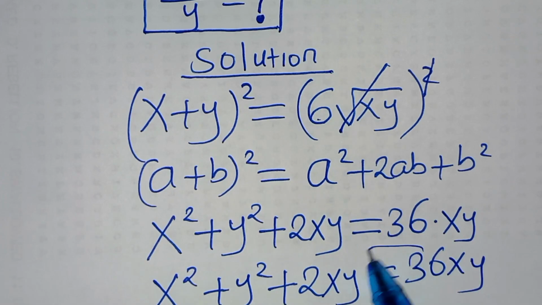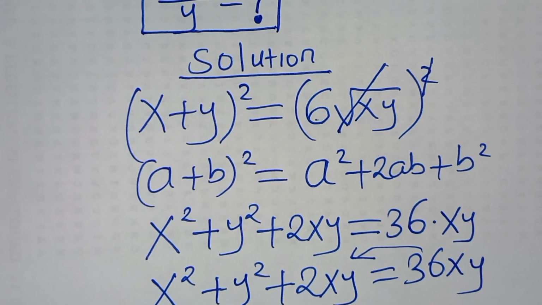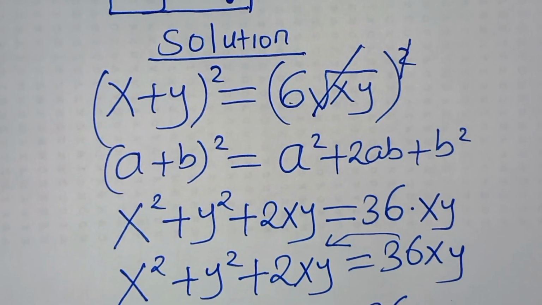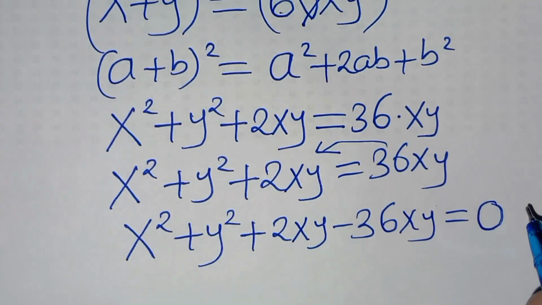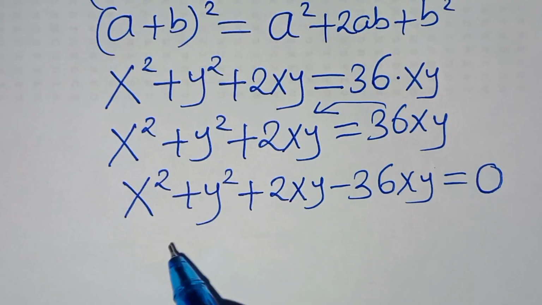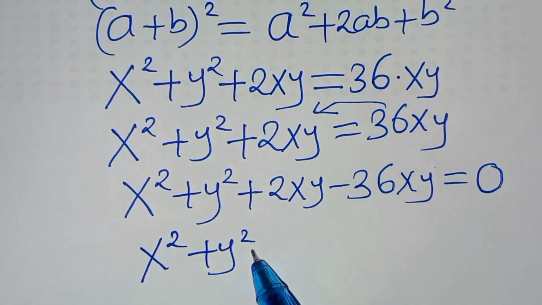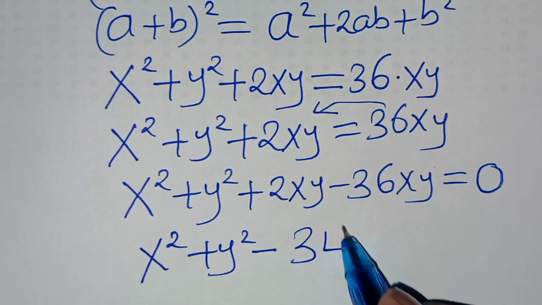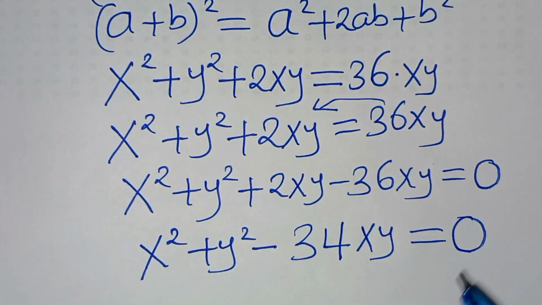Let's take 36xy to the left-hand side: x squared plus y squared plus 2xy minus 36xy equals 0. So this implies x squared plus y squared, 2xy minus 36xy is minus 34xy, equals 0.